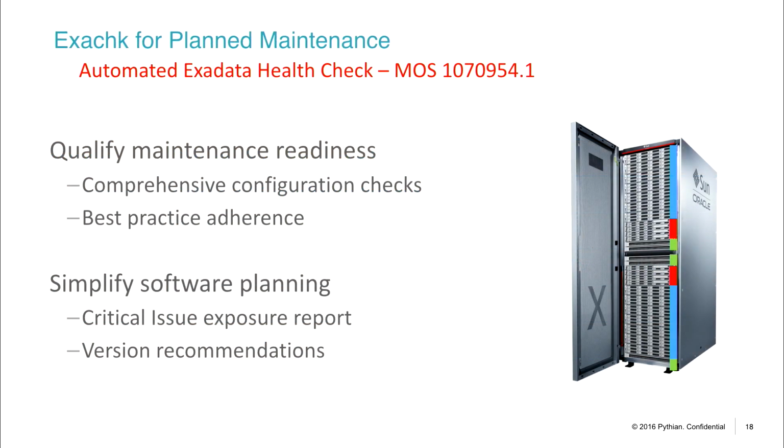Now, one of the very important things when you're doing an Exadata upgrade is to use ExaCheck. Why is it very important? Because this is where you'll find errors that will impact you when you're doing your upgrade.